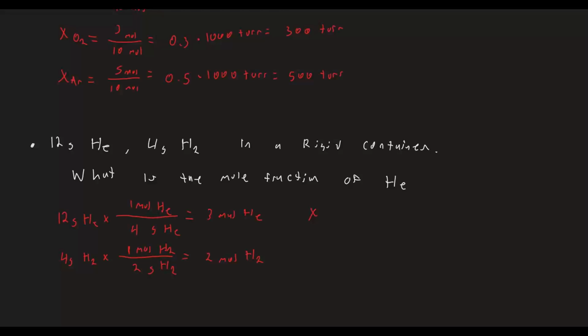So the mole fraction of helium is going to be, well, we're going to take 3, and we are going to divide it by 3 plus 2, or the 3 and the 2 moles, because we have those many in the container. And this will give us a value of 0.6. So we have a mole fraction for helium of 0.6 for our answer. Any questions on this one?